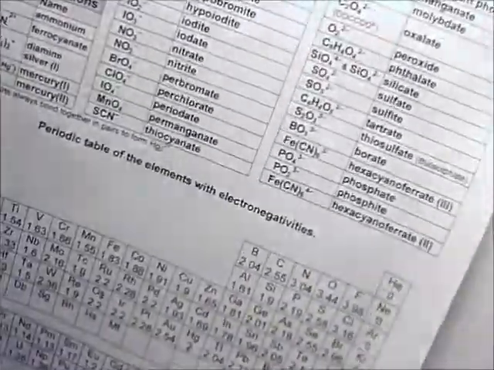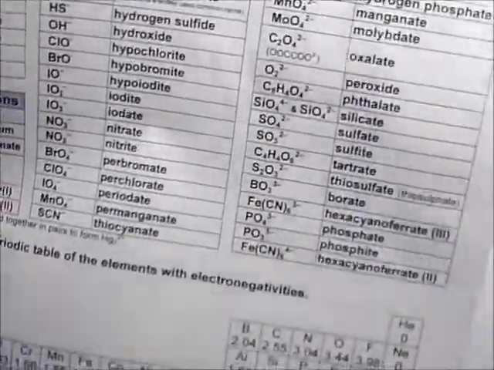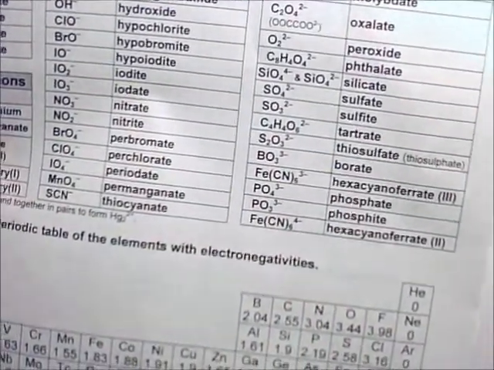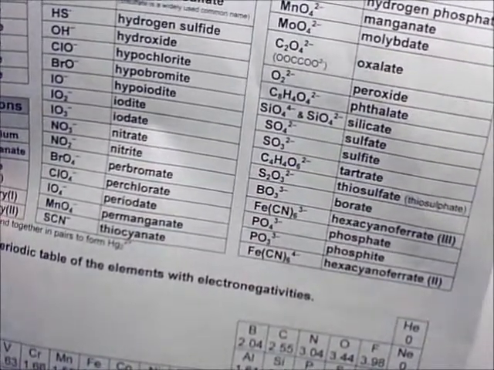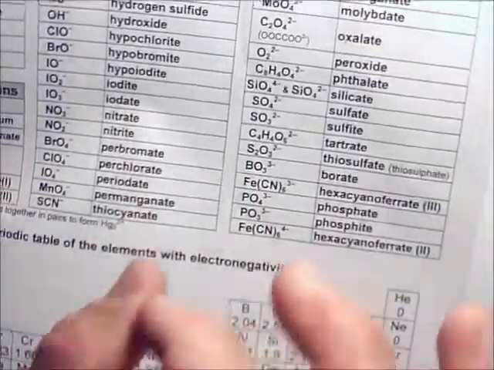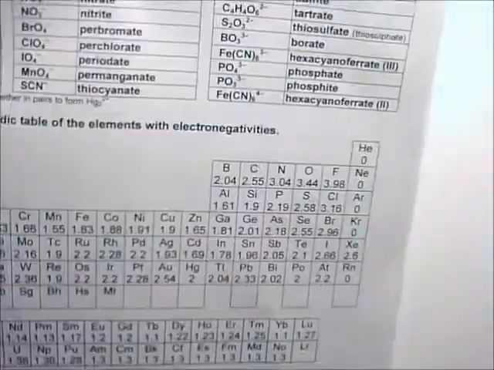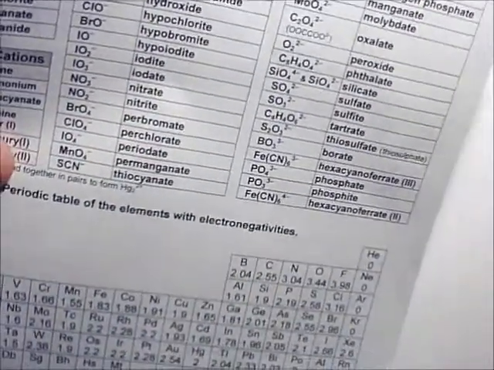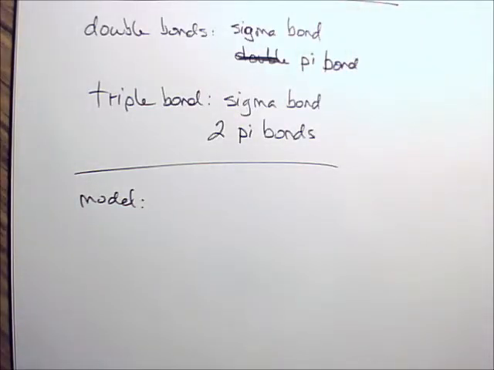In all these polyatomic ions, the sum of oxidation numbers is the charge on the ion. So if there's no charge, then you've got a 0 overall charge, and so the sum of oxidation numbers is 0. If there's a charge on the particle, then you've got to have a sum of oxidation numbers that adds up to that charge on the particle.